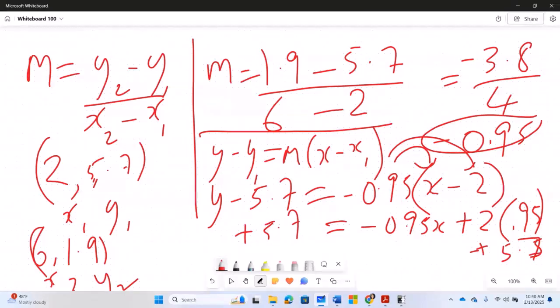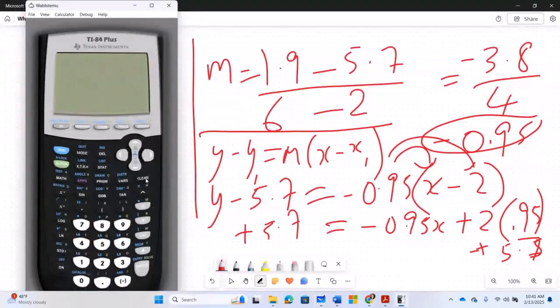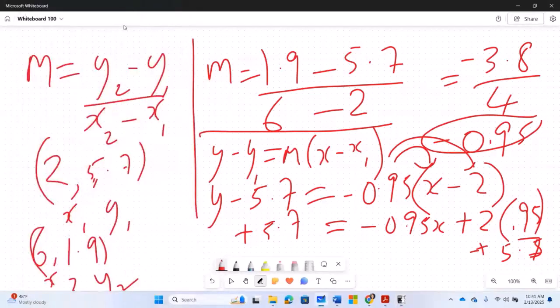I'm just going to get my calculator and multiply out. 2 times 0.95, then I add 5.7, and I have 7.6.